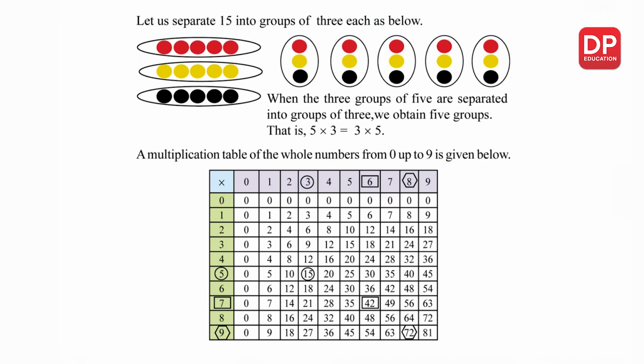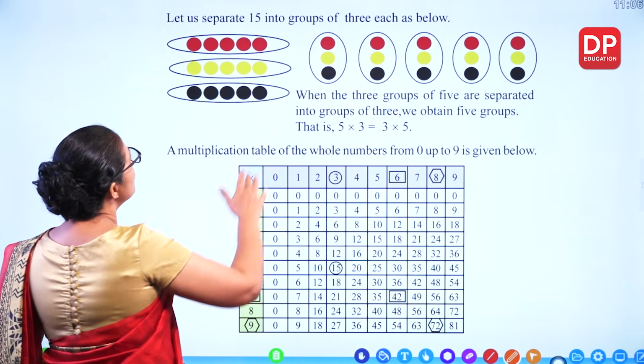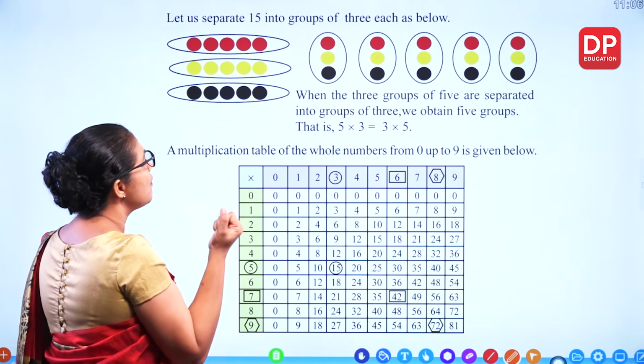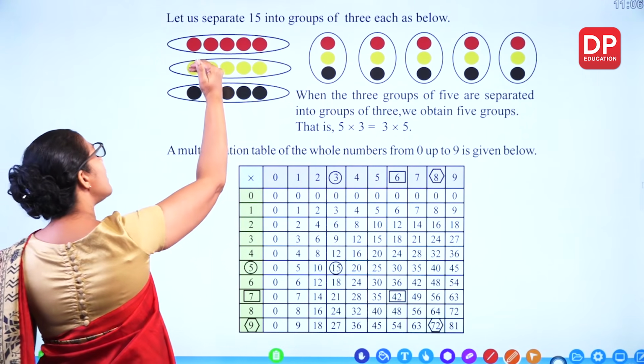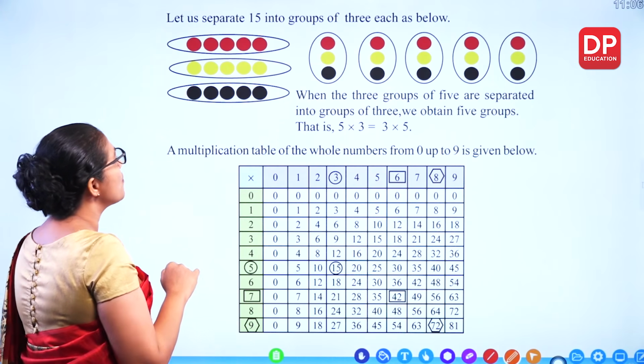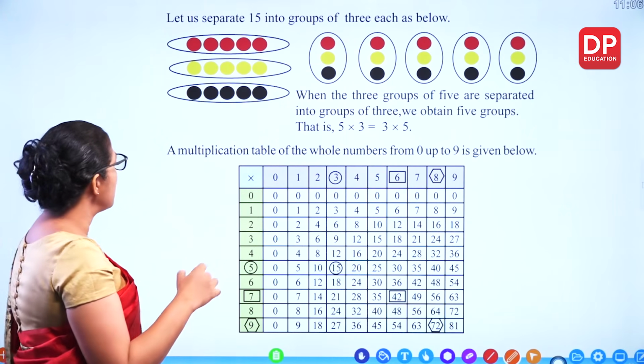So look at this one. When the three groups of 5 are separated into groups of 3, we obtain 5 groups. So 3 into 5, you get 15. Or you can split like this, 5 into 3 groups. That's also 15.